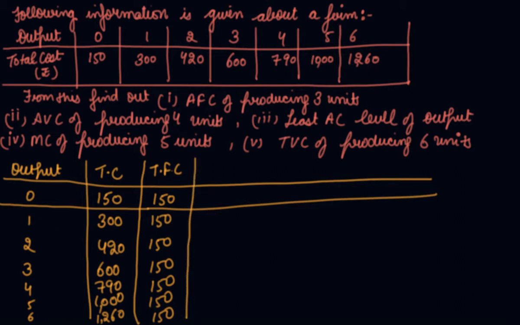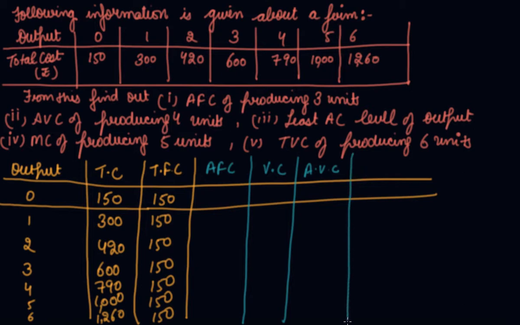Now you have to find out your average fixed cost first, and then they have asked you the average variable cost. For that you have to find out your variable cost. Then you can find out your average variable cost. Then you have to find out your marginal cost.